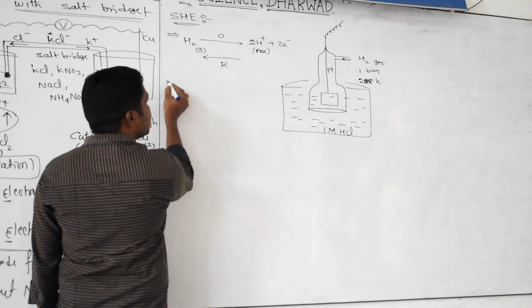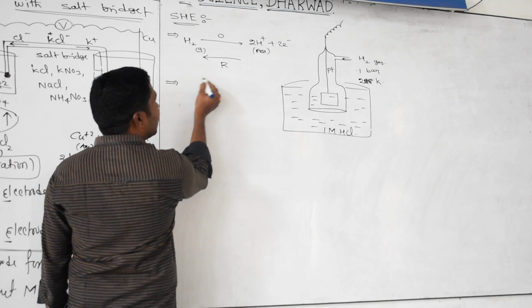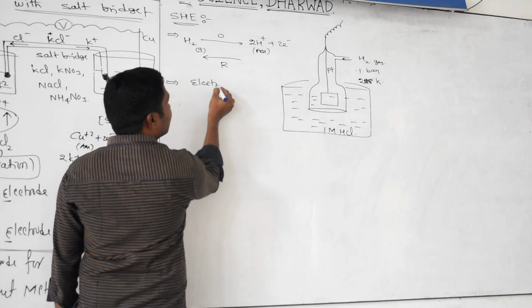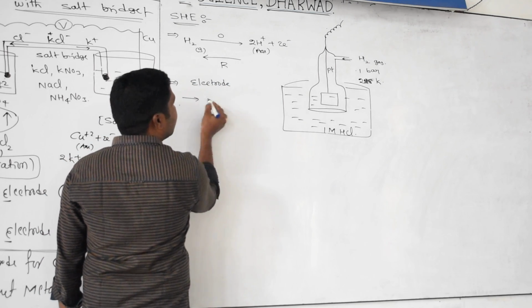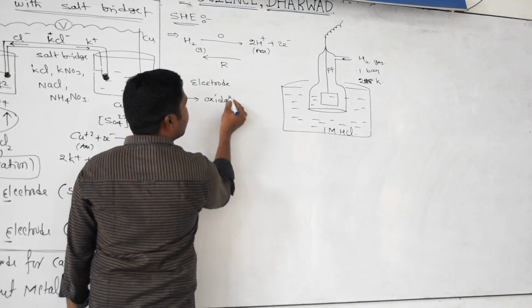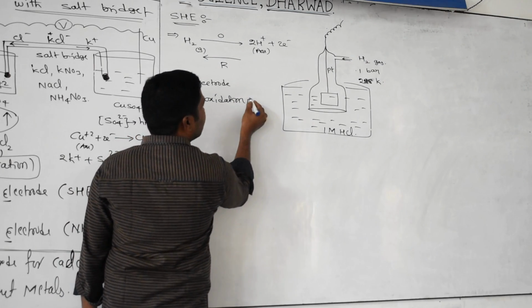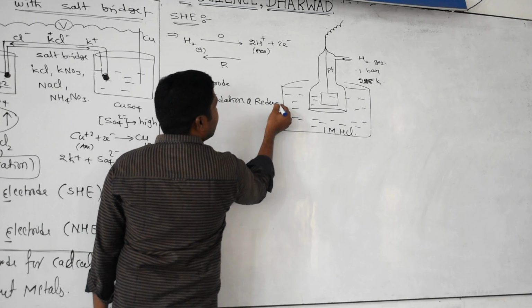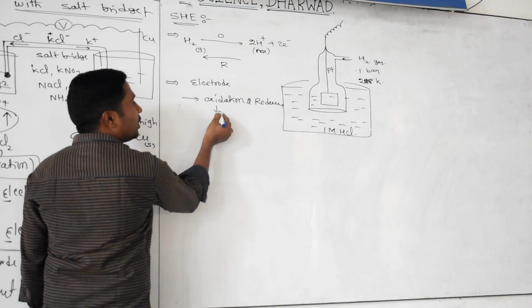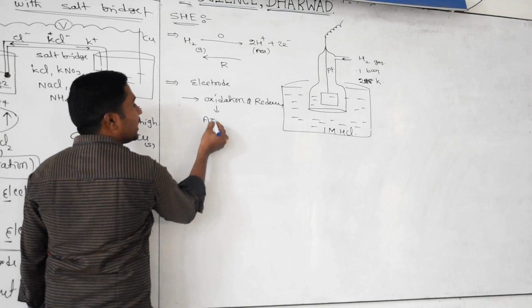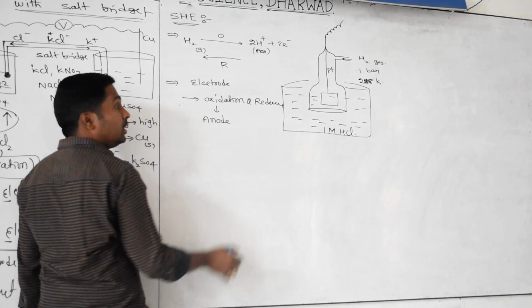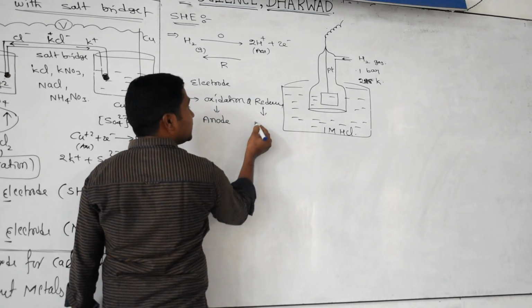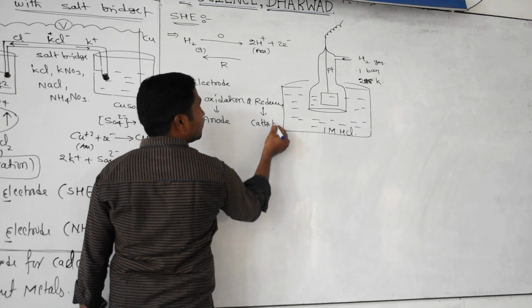Means in this SHE, what is happening? The electrode is involved in both the oxidation process and the reduction process. Where oxidation is going on, that part is called the anode. Where reduction is going on, that is called the cathode.